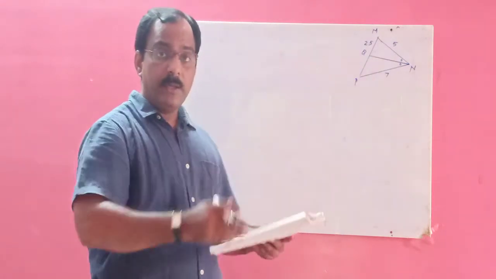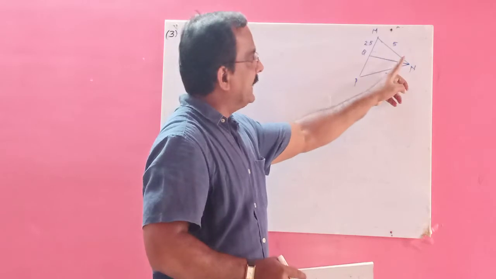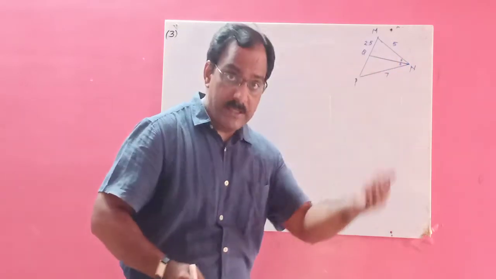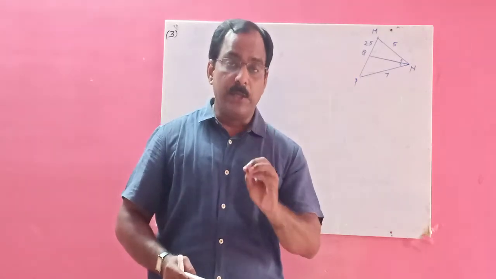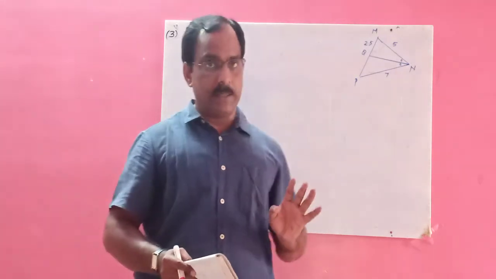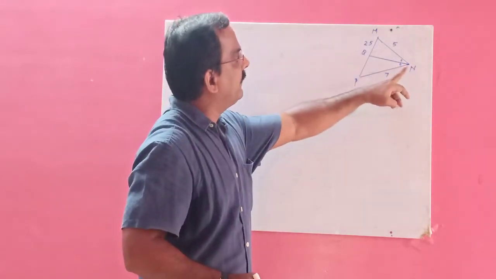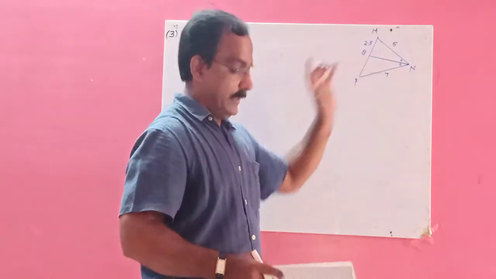But here, it is already given that NQ is the bisector of angle N. It means directly we can apply here the property of angle bisector of a triangle.